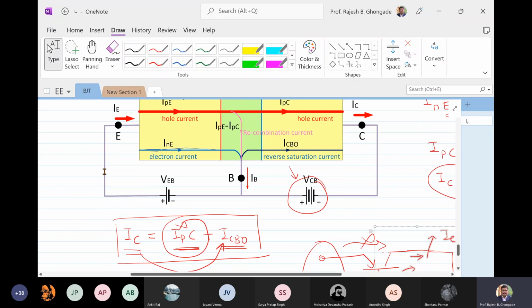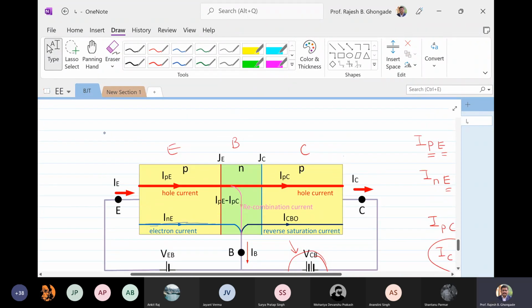External to the circuit, देखो, external to this transistor, ये ट्रांजिस्टर समझो ऐसा है और यहाँ से IE जा रहा है, IC आउटपुट में बाहर आ रहा है, ठीक है, और बेस करंट यहाँ पे आ रहा है. तो आई कैन कॉल दिस एज अ नोड जस्ट फॉर अंडरस्टैंडिंग पर्पस. तो यहाँ पे नोडल इक्वेशन यानी KCL अप्लाई किया तो क्या होगा?